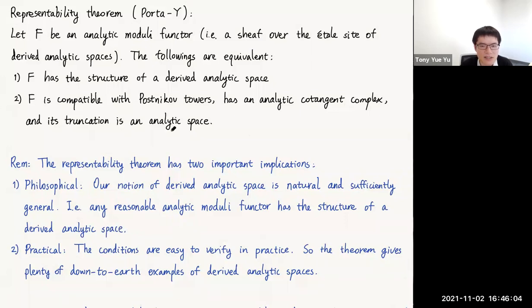One can remove this condition and put some more infinitesimal deformation-theoretic conditions. In analytic geometry, it's probably also possible, but it's a different question, because it's more for some philosophical purpose. For practical purposes, this statement is good enough for applications.